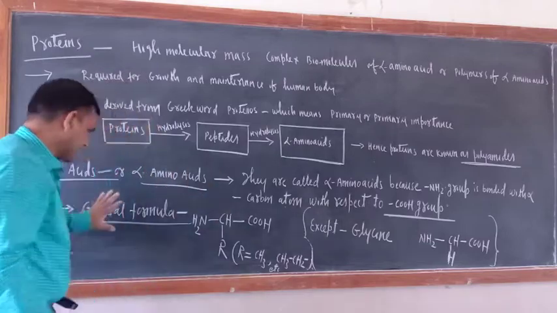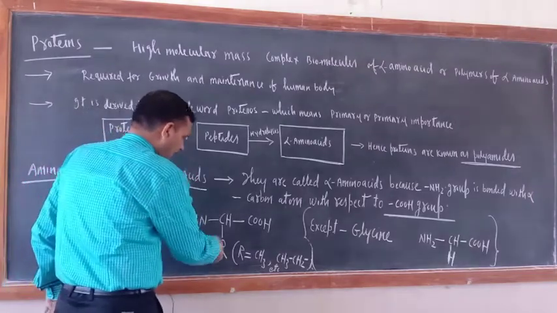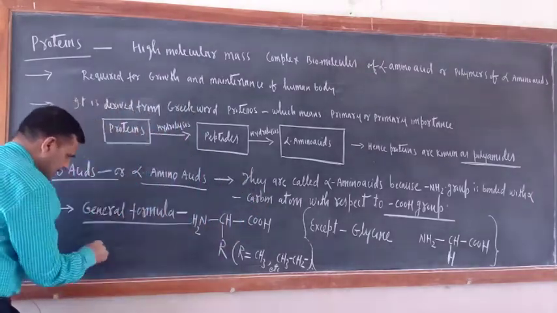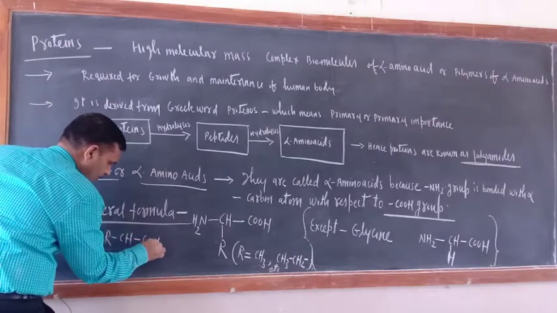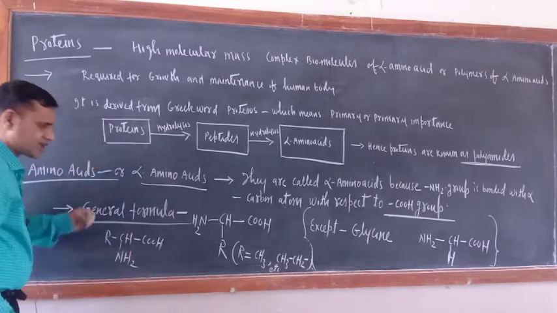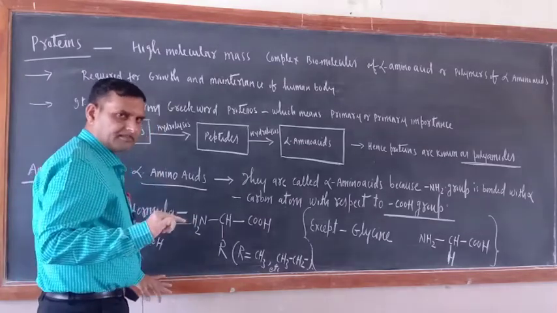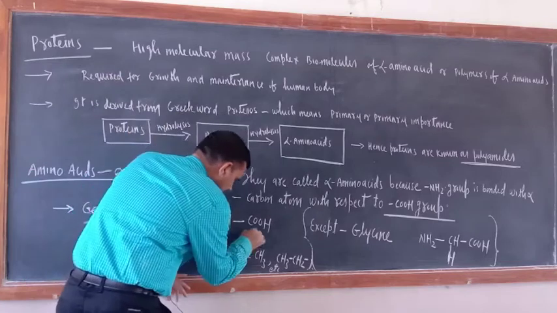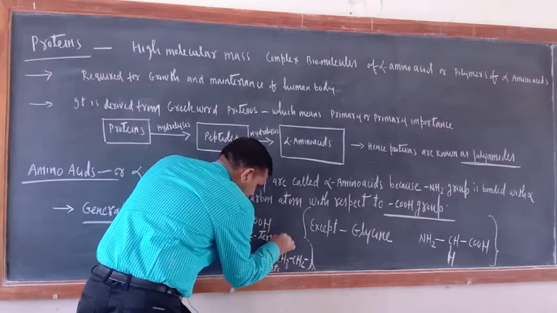What is the general formula of amino acid? This is the general formula: RCHNH2COOH. You can write it like that, or RCHCOOH with NH2 below, like that also. In this general formula, the carbon atom to which the COOH group is bonded is known as the C terminal.